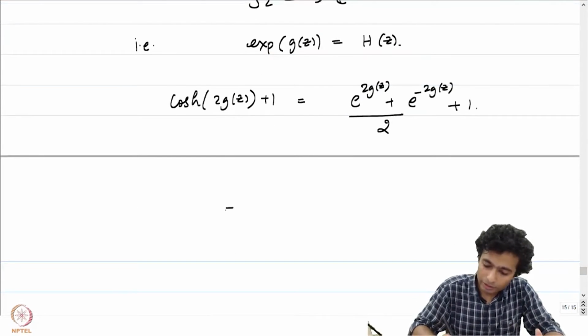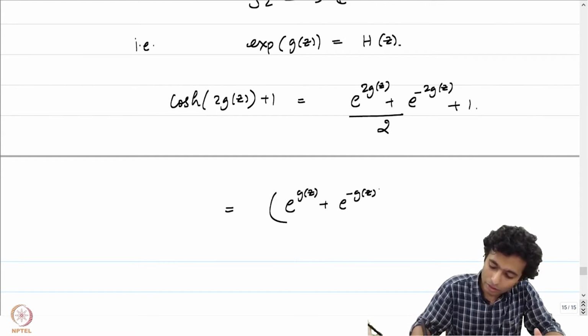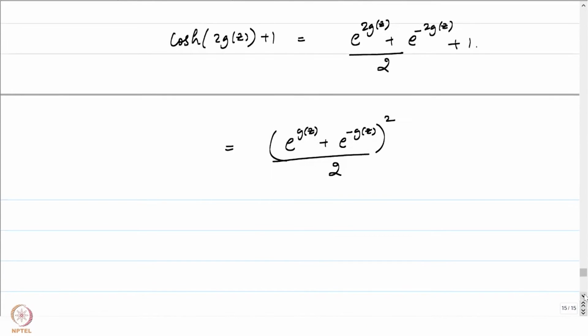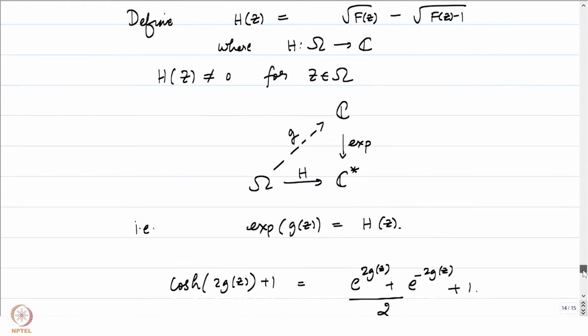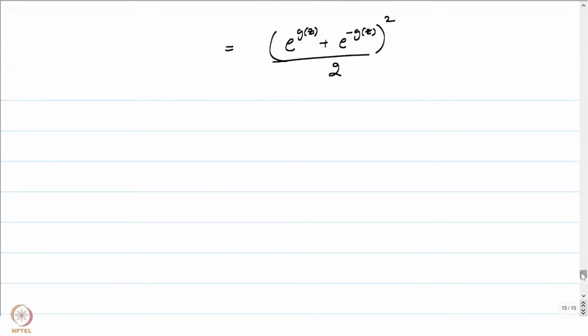And if you notice, this is just e to the power g of z plus e to the power minus g of z, the whole square by 2. If you expand it out, that's going to be the same thing above. And we know what e to the power g of z is. E to the power g of z is exactly equal to h, because after all g was the lift of h, right? It's a branch of the logarithm of h.